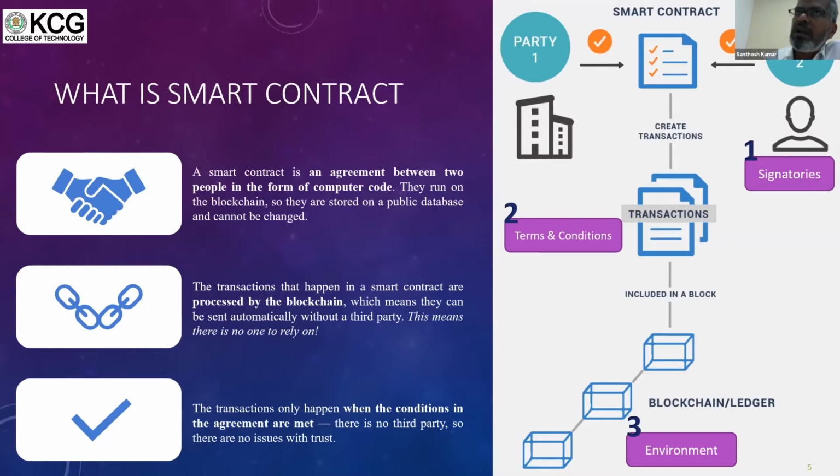Now, unlike Bitcoin, where the operations, the financial operations, the credit or debit operations, are agreed, and there is only one contract, which in this case is the debit and credit contract between the participating entities, in the case of smart contracts you can have n number of smart contracts.